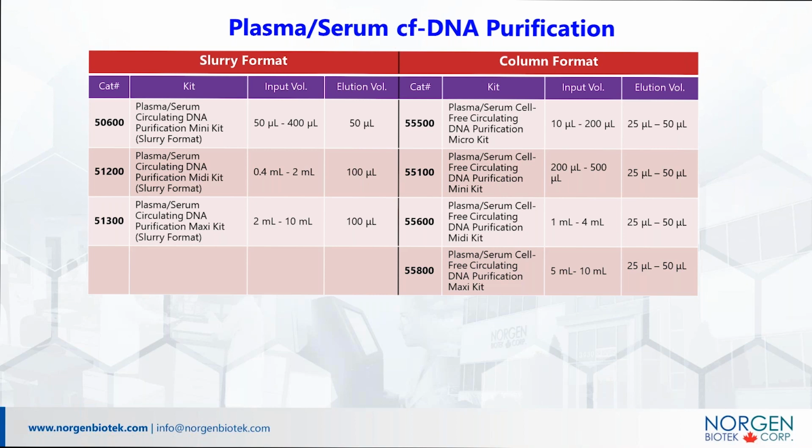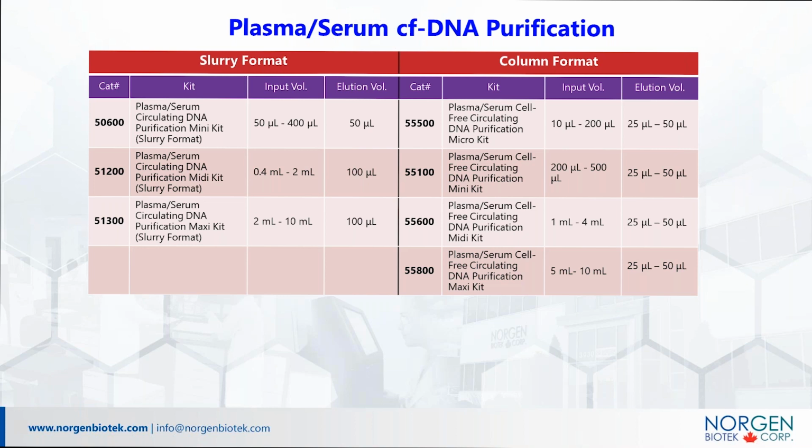Also, the column format does have some extra steps to further concentrate your DNA into a very low elution volume. So if you started with 10 ml, you can elute in 25 microliters.